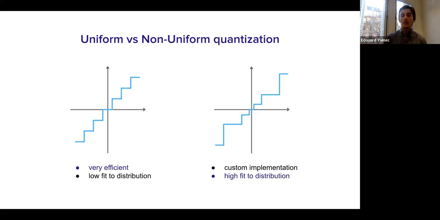And that's what I mean when I say custom implementation. On the left-hand side, what we get is something that is not very tight to the distribution, but is easier to leverage because it's already supported by most hardware. On the right-hand side, it could be supported, but in practice, it's not so often the case.